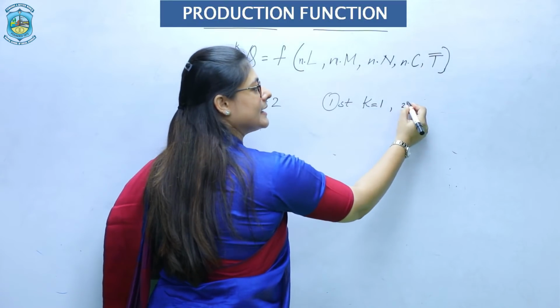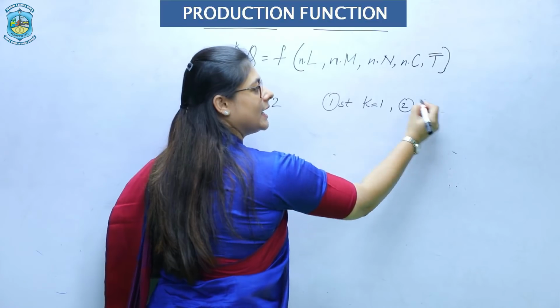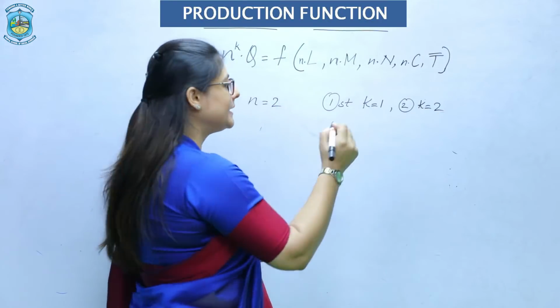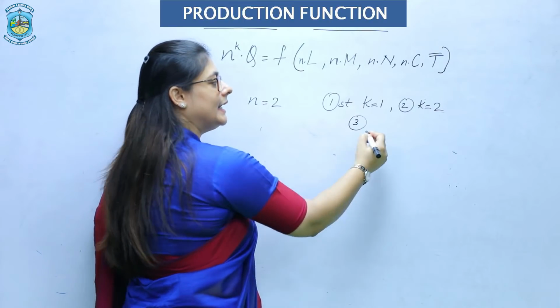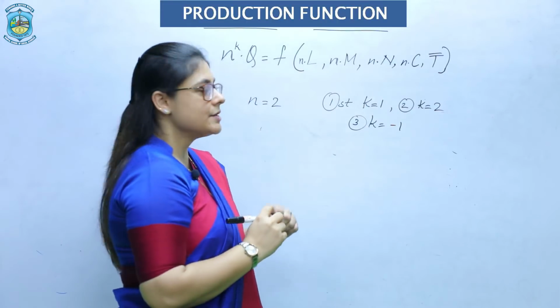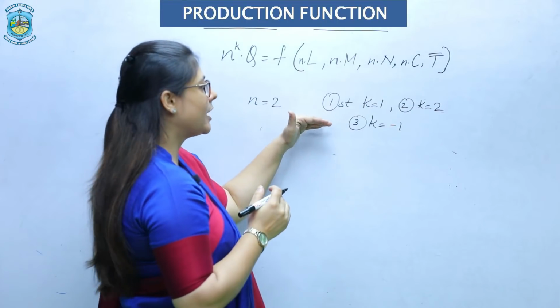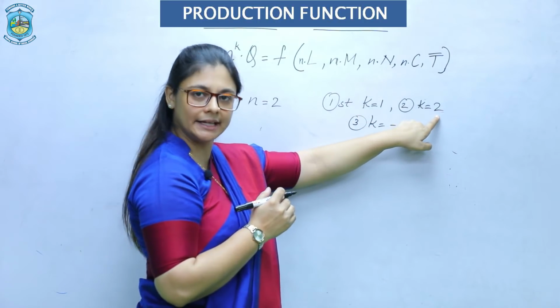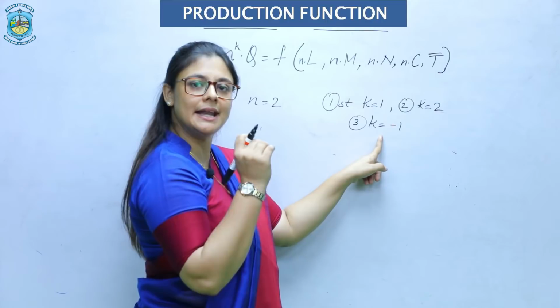In the second case, let k be equal to 2, and in the third case, let k be equal to -1. So, as explained previously, we are going to consider the values of k equal to 1, k greater than 1 and k less than 1.